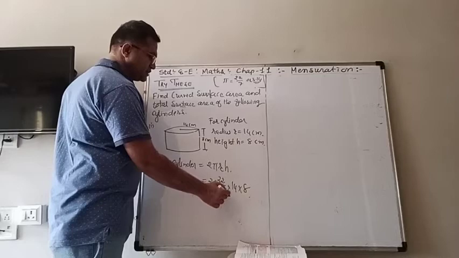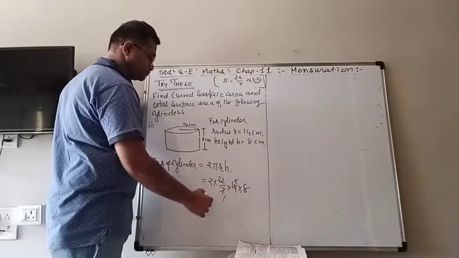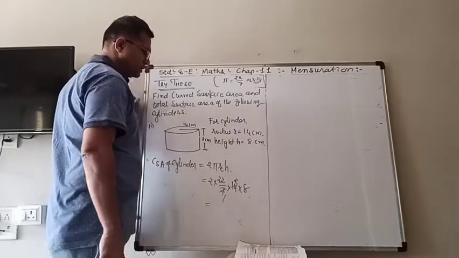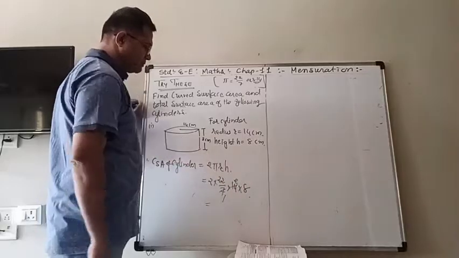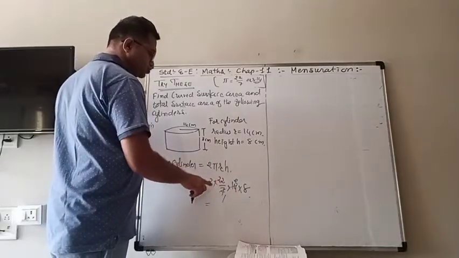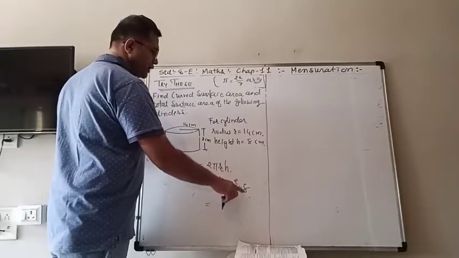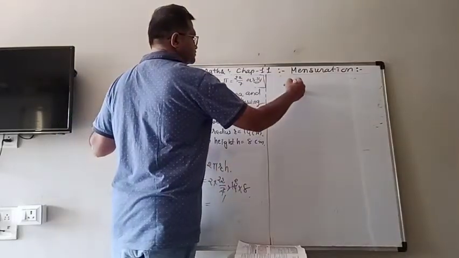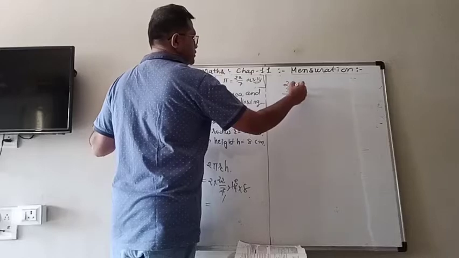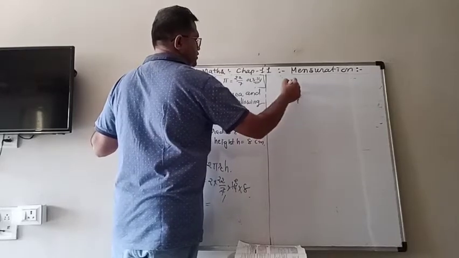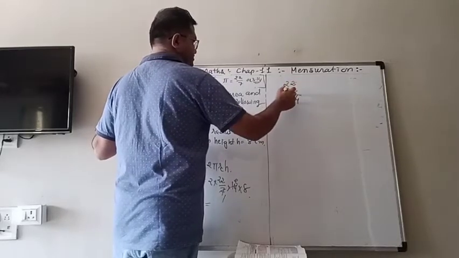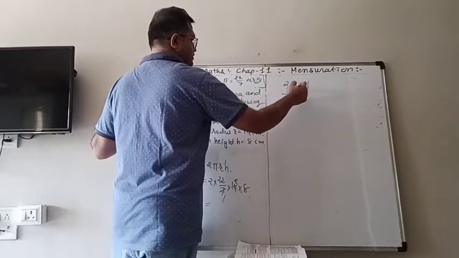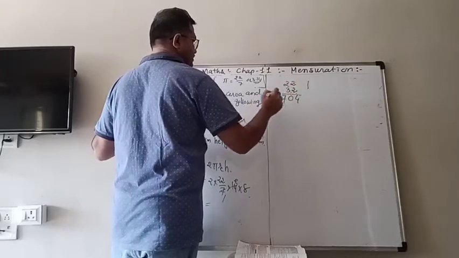Cancellation is there, 7 ones are 7, 7 twos are 14. Now there is no more cancellation, so we will multiply all of them. 2 twos are 4, 4 eights are 32. So 22 multiplied by 32. 2 twos are 4, 2 twos are 4, 3 twos are 6, 6 plus 4 is 10, 3 twos are 6 plus 1, 7.